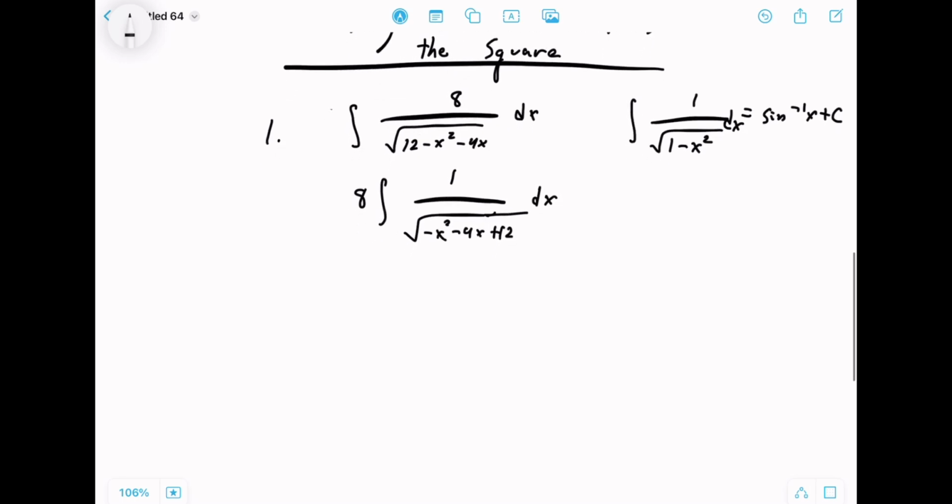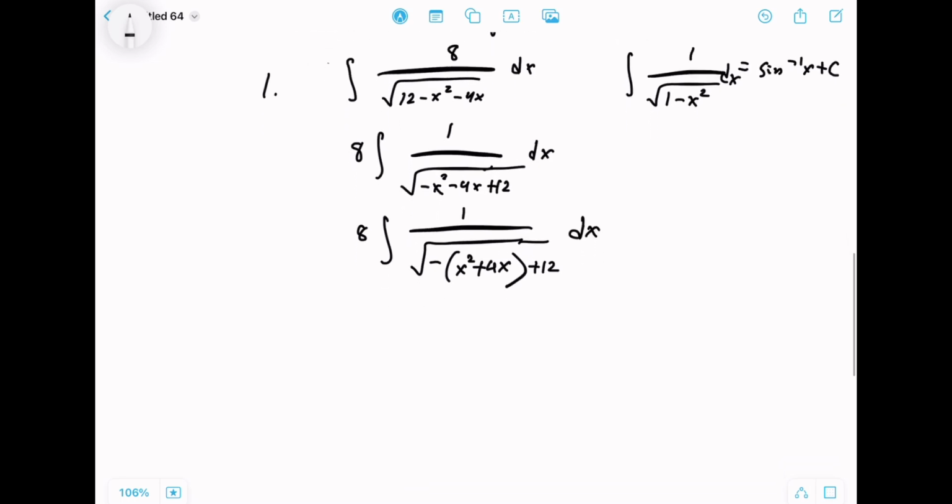And then I am going to factor out a negative to get 8 times the integral of 1 over the square root of negative times x squared plus 4x, and then this is just going to say plus 12 dx. And now what I'm going to do is complete the square.